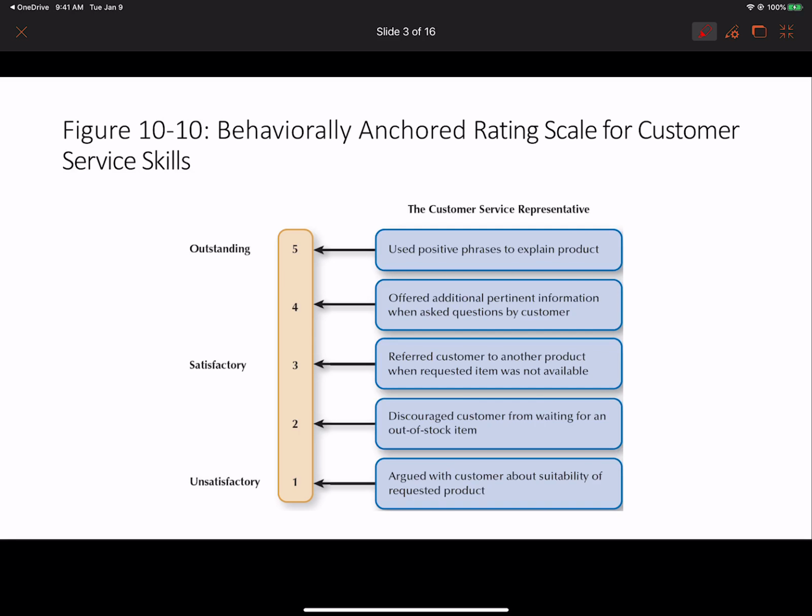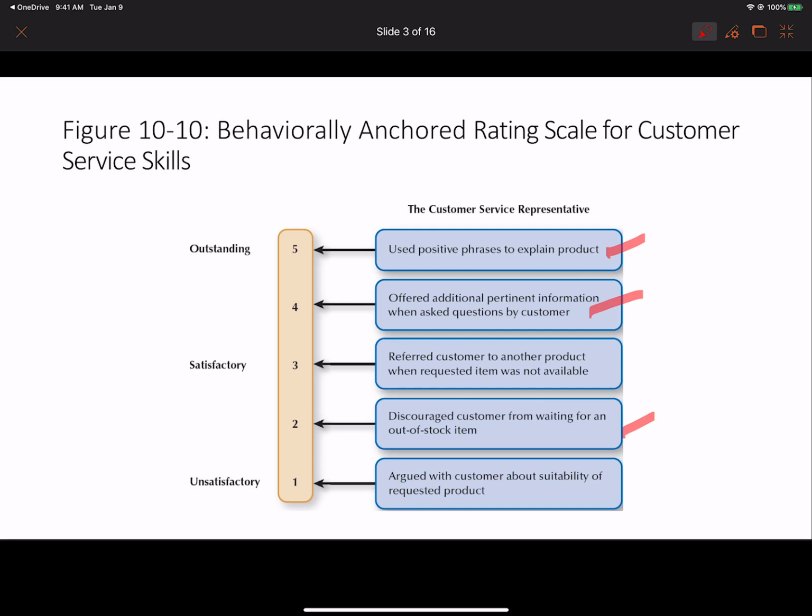Now here's the example. Instead of saying did the job, outstanding, poor, whatever you want to put in there, here you see use positive phrases to explain product. Offered additional pertinent information. So these are specific behaviors.